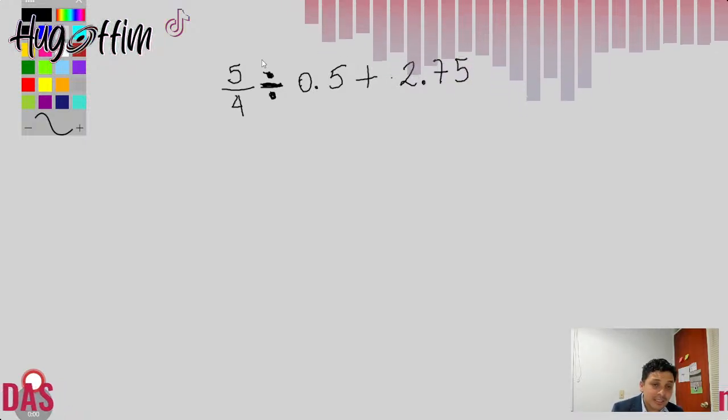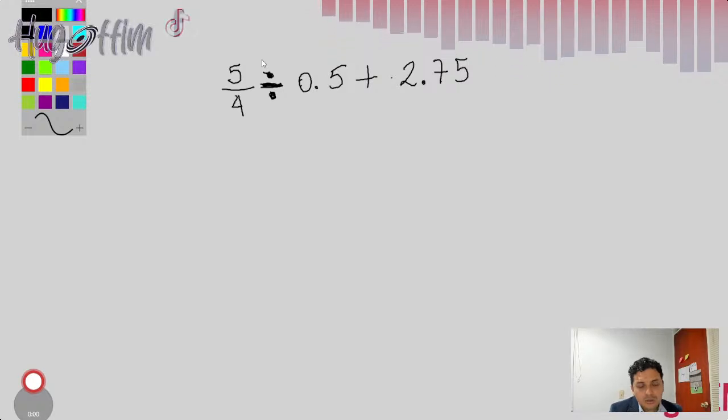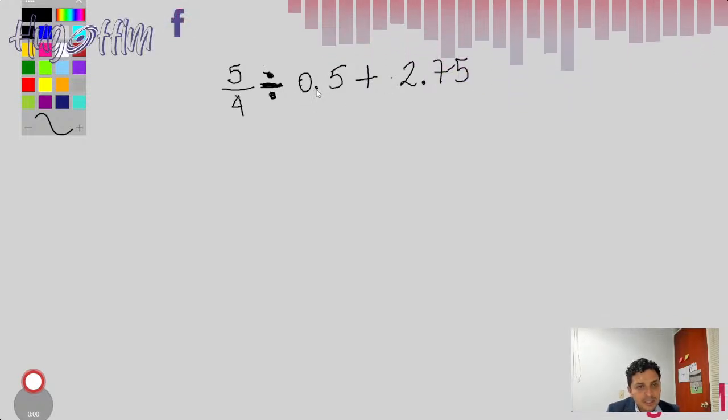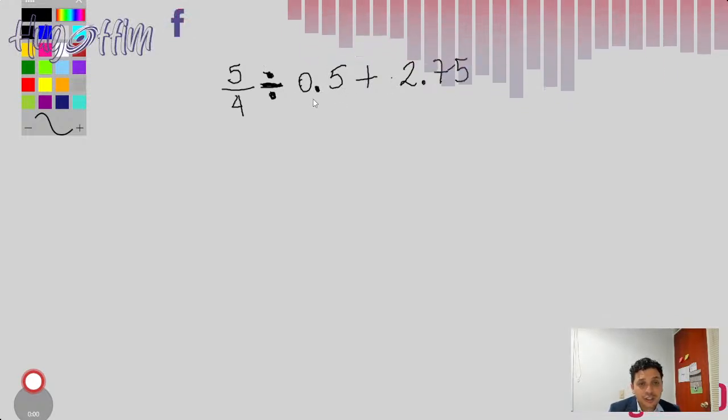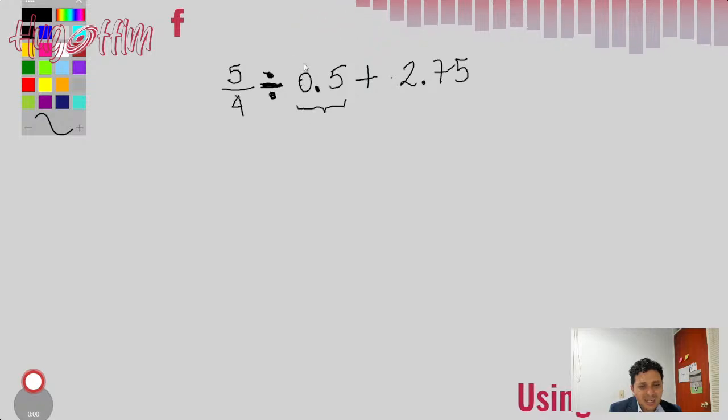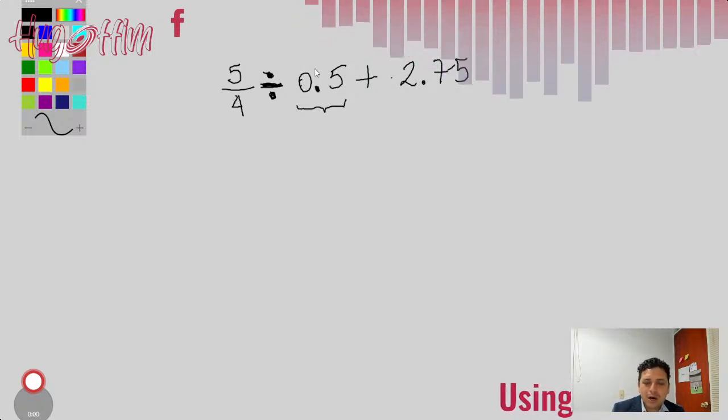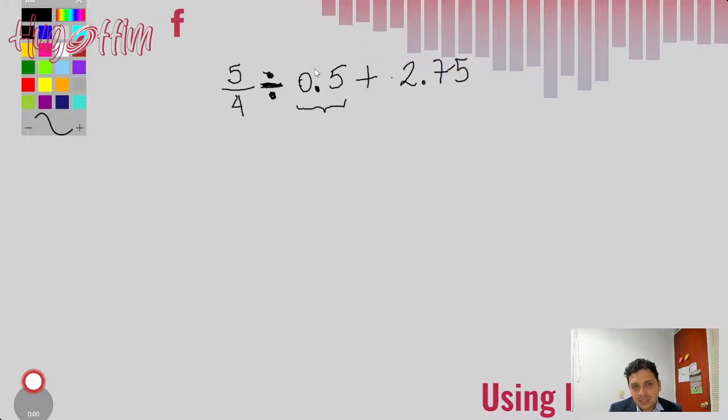I'm going to take the side of fractions because they were asking me if I can do another example of division of fractions or multiplication of fractions. So I'm going to convert 0.5 as a fraction. I know that many of you could know how much it is, but we're going to practice the strategy.